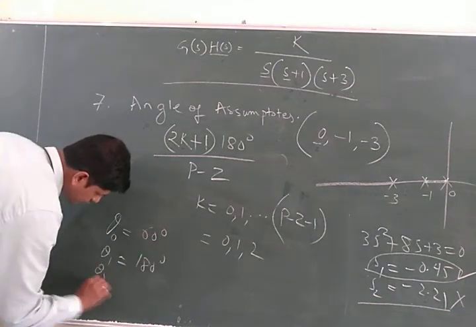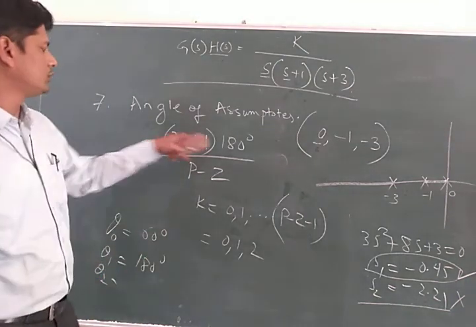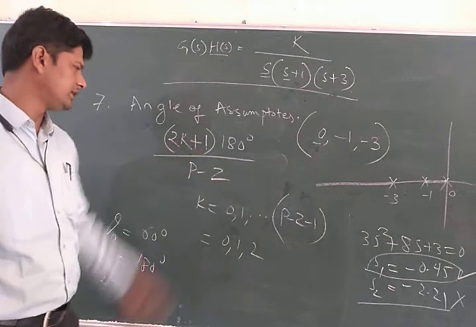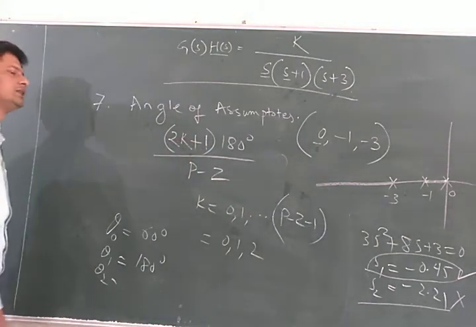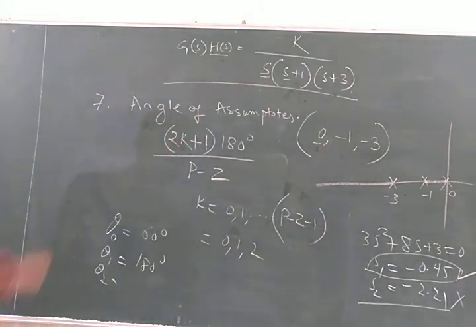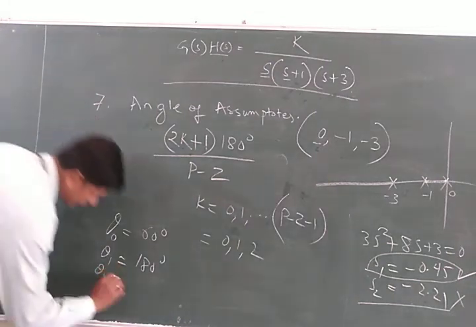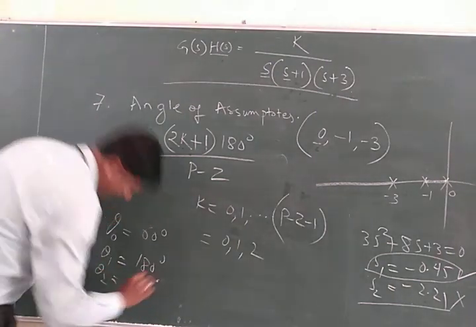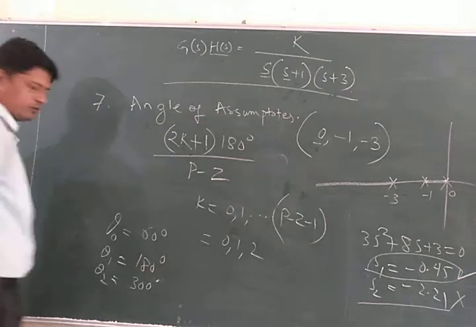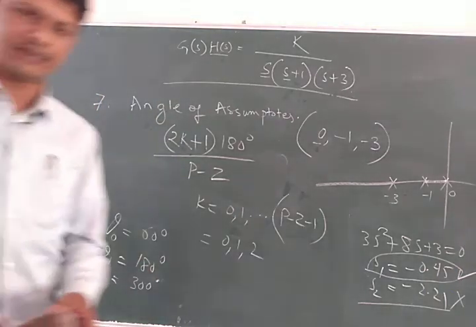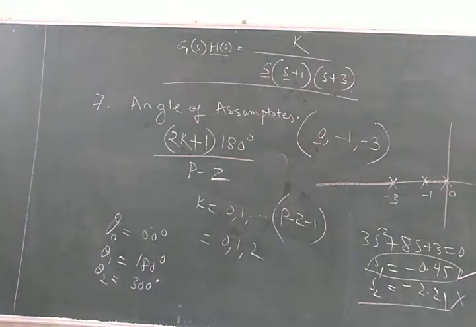And theta 2 equals (2 into 2 plus 1), which is 5, so 5 by 3 into 180 degree equals 300 degree. These are the angles of asymptotes. We have found 3 angles.